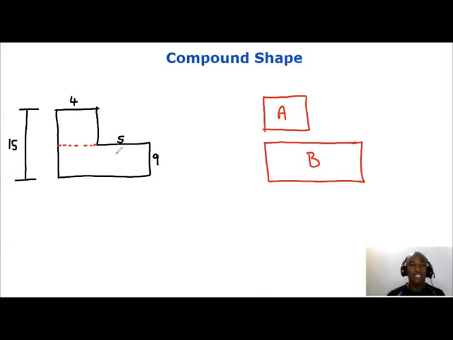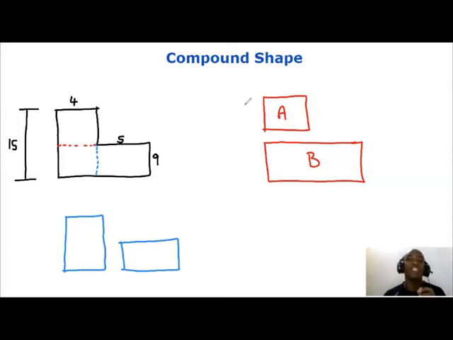Another option is to dissect it this way, and then you end up with a piece like this. This is a possibility. And then you will be left with another little piece this way. Good.